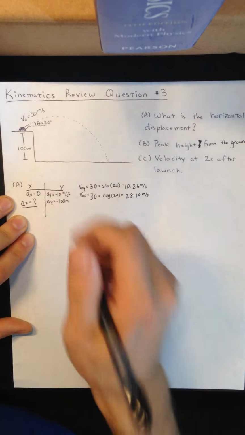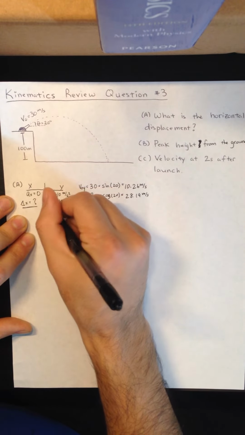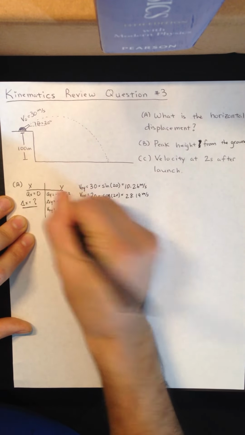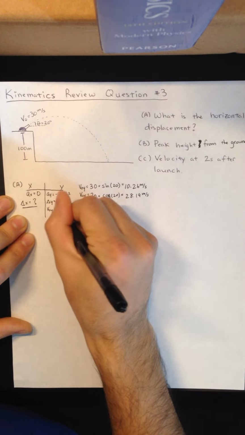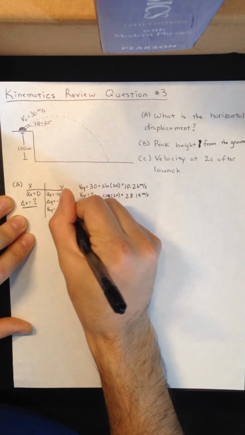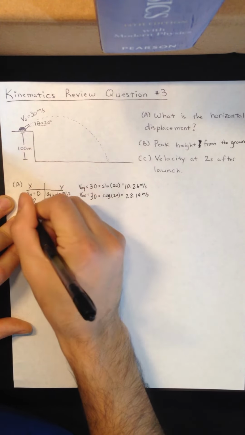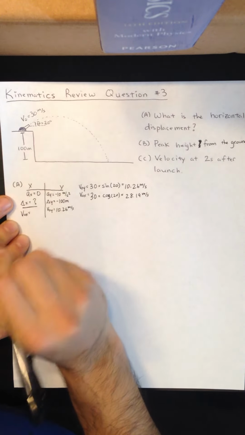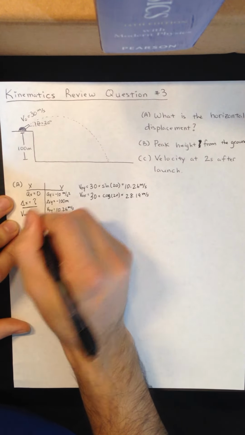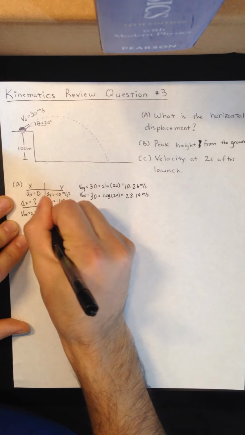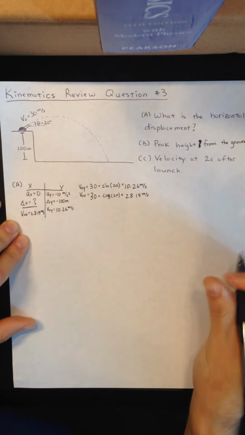Okay, so we're going to put that over here. Initial velocity in the Y equals 10.26 meters per second. Initial velocity in the X equals 28.19 meters per second. And here we go.